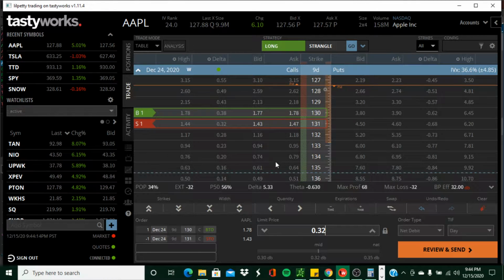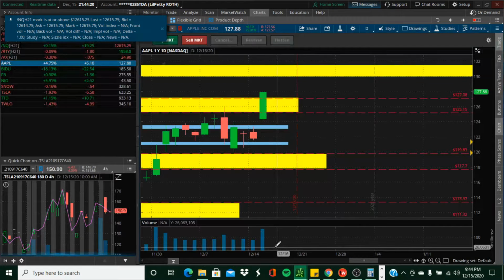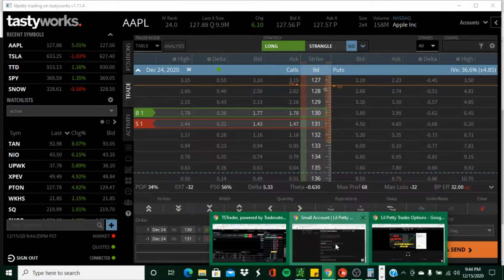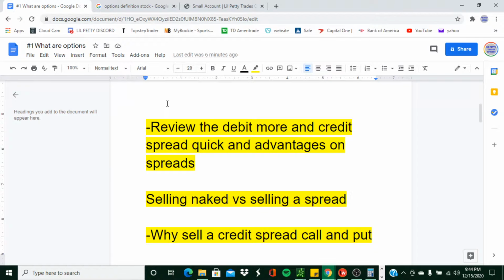When it actually gets in the money and closer to the expiration date, it's really going to start ramping up. The options are going to increase in value. Let me go back to my notes real quick. Boom. So that's a little bit on the debit spread and some of the advantages.